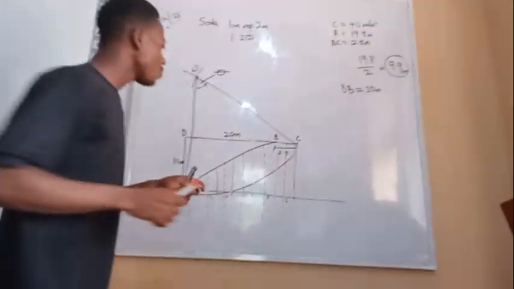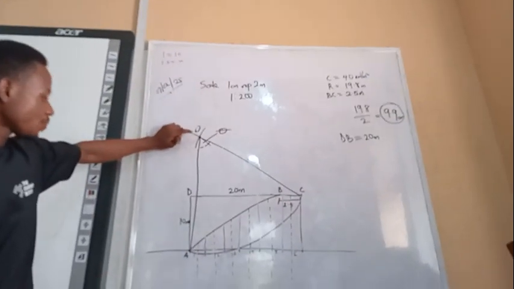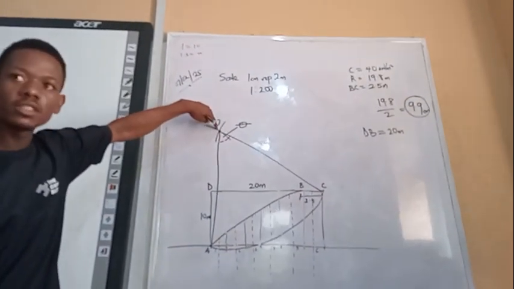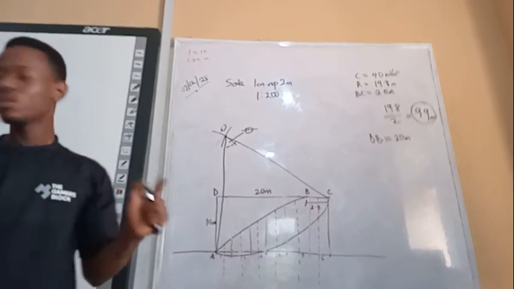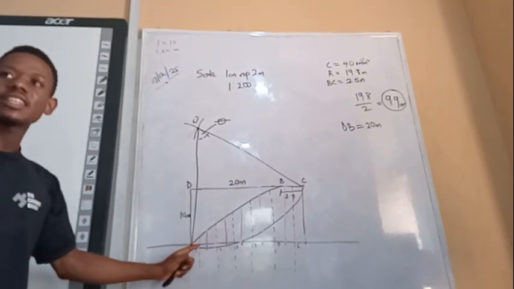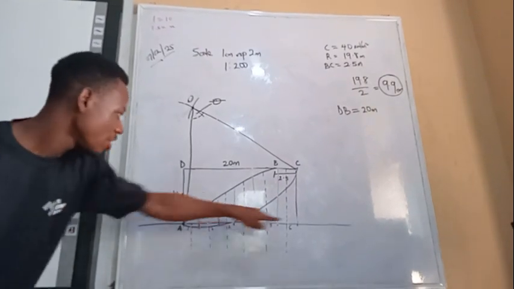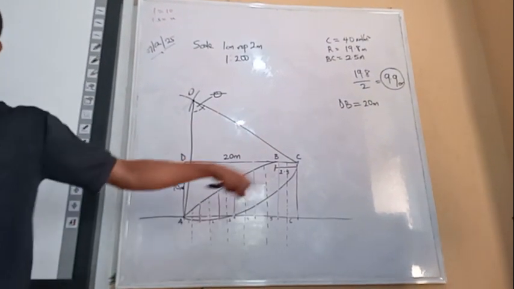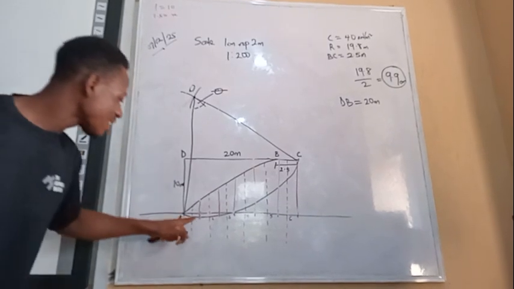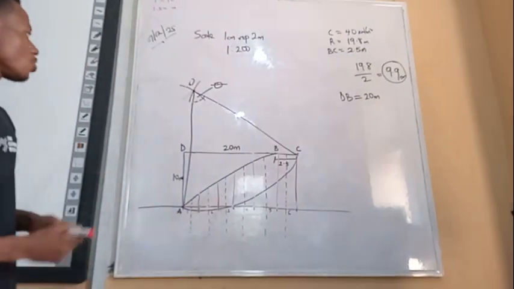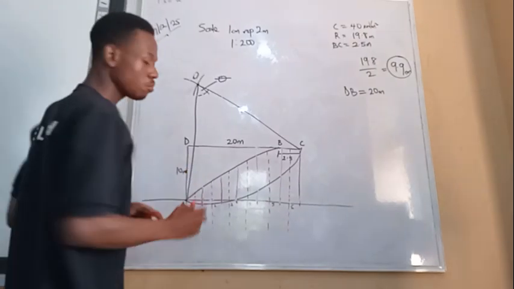The next step is to join this point to the point where your center line intersects the curve, not where the center line intersects this line A or something, where it intersects the curve. Please don't mind my line.